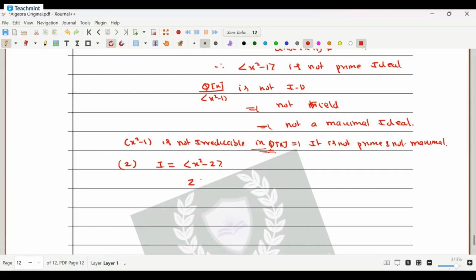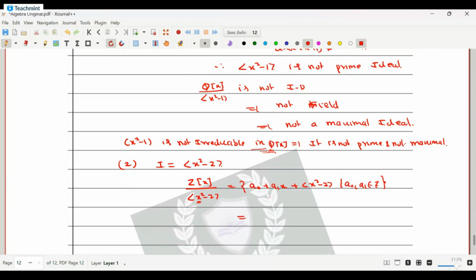So, for prime ideal, consider Z over x by generated of x square minus 2. This is equal to, since it is a second degree polynomial, what is the formula? a0 plus a1x plus generated of x square minus 2 such that a0, a1 belong to Z. We already solved this, the second one, x square minus 2.